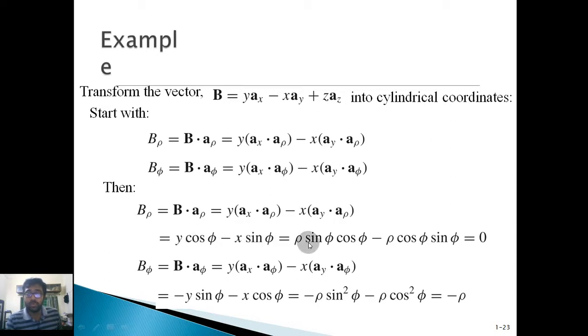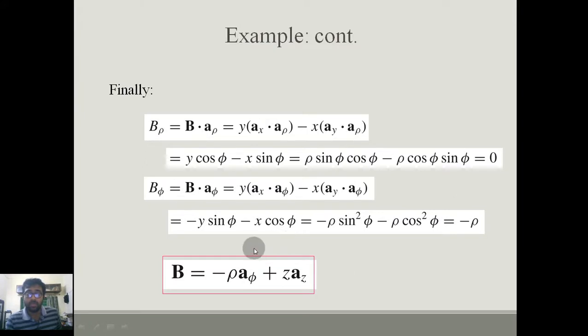We already know y is equal to rho sin phi and x is equal to rho cos phi. Using this we will get the value 0. Using the same process, we will get the value minus rho, and from that we can describe it as minus rho a_phi plus z a_z, because along the rho axis the value of B is 0. So this is the final value.